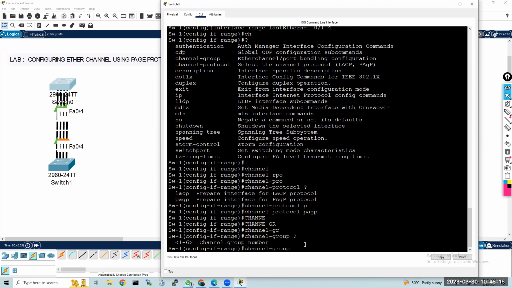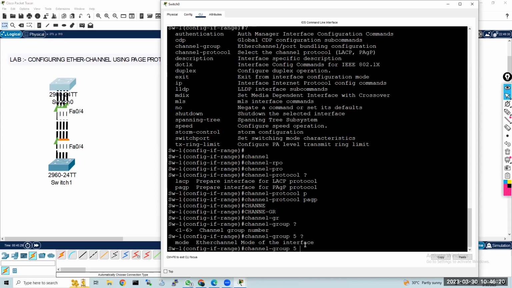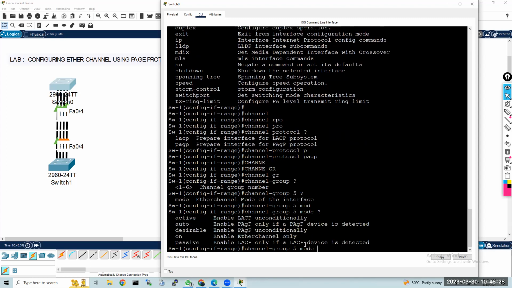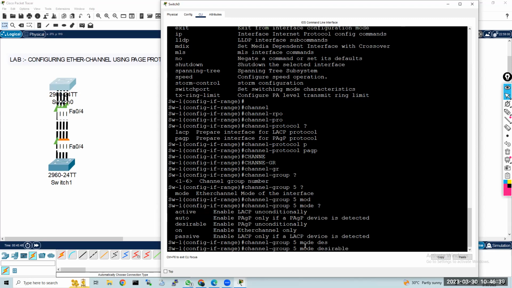For example, let's say I'll give just 5. And mode. So what mode do you want? Auto mode, or we can give negotiate. Let it take automatically, I don't want to give it manually. So I'll give desirable or auto.